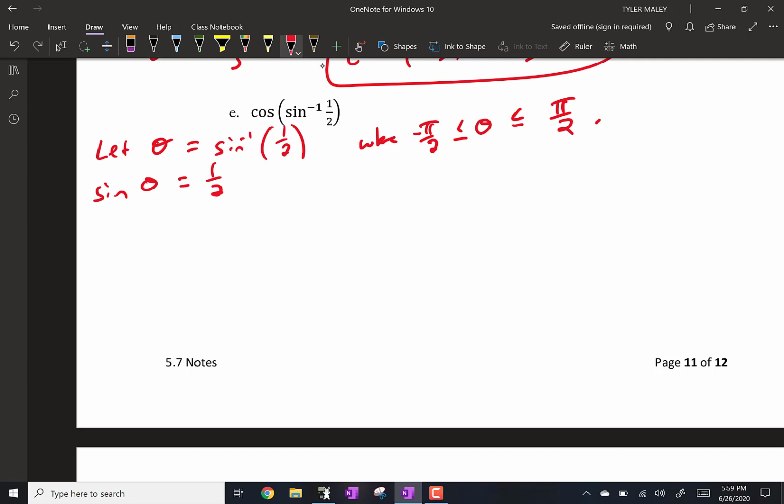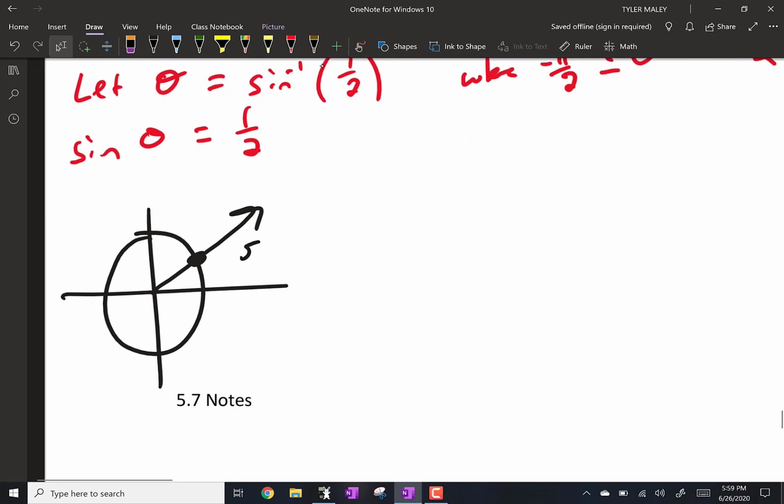So when is sine theta equal to 1/2? That's the y value. If we think about the unit circle, we're going to have something here where this point is radical 3 over 2, comma 1/2. Since we're dealing with sine, we're focusing in on the y-coordinate. This happens when the angle is π/6, because we need to be stuck in between quadrants 1 and 4.